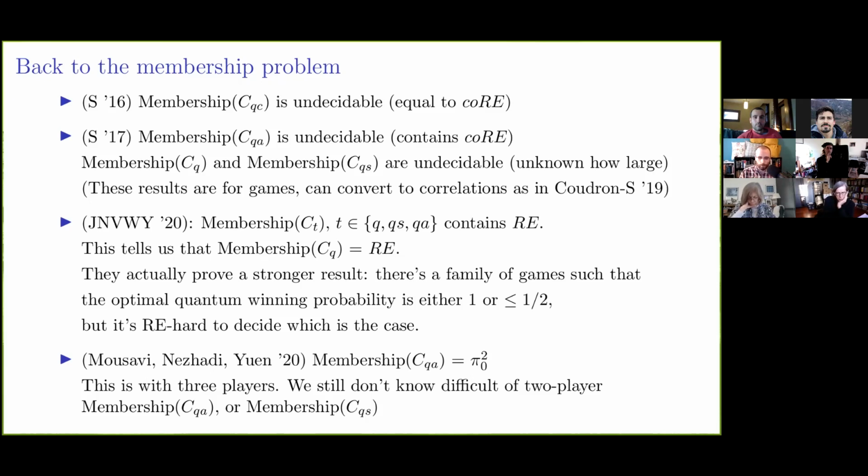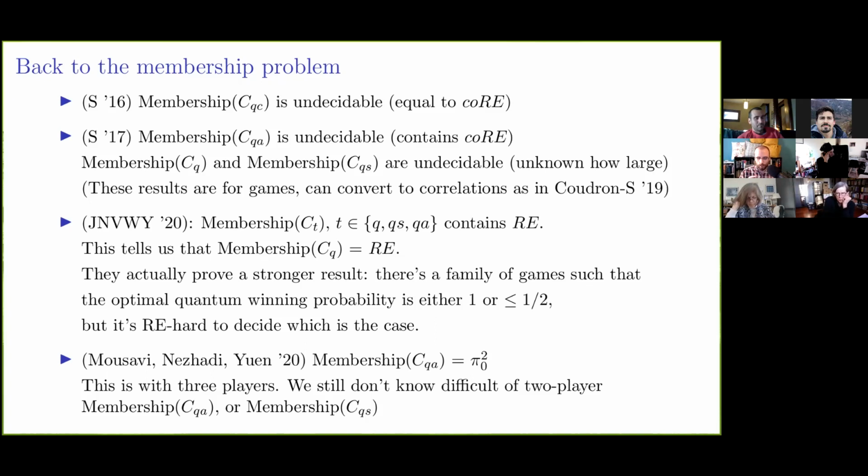You could either use a finite search through finite dimensional strategies or an SDP hierarchy method coming down from above. You could decide this membership problem if these correlation sets were the same. So that forces the correlation sets to be different.